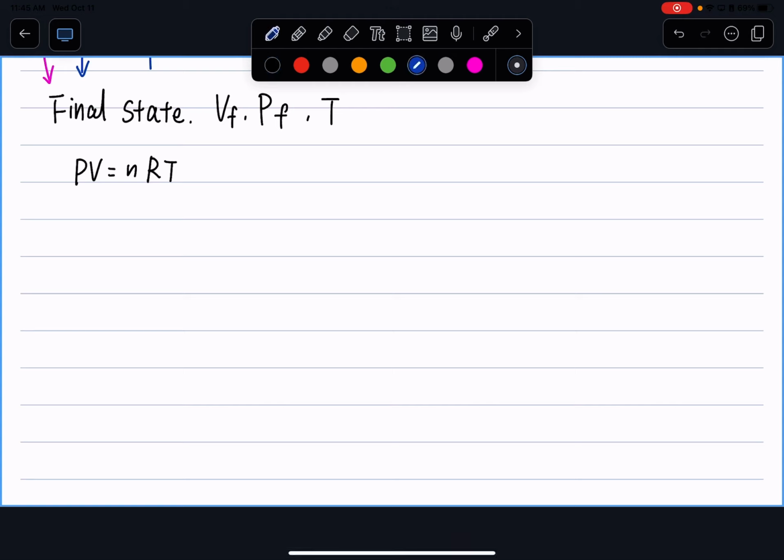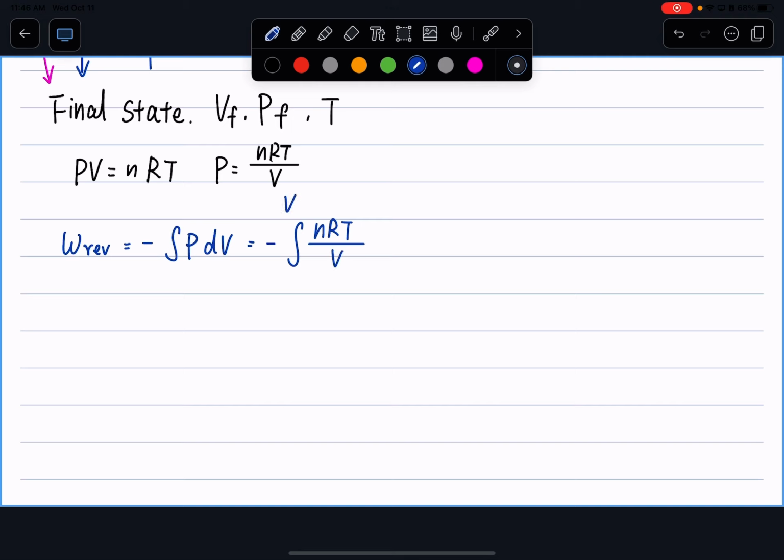For this process, a reversible isothermal expansion of your ideal gas, we have W reversible equals negative integral of P dV. Since it's an ideal gas, P equals nRT over V. We plug it in: nRT over V, from V initial to V final, dV.